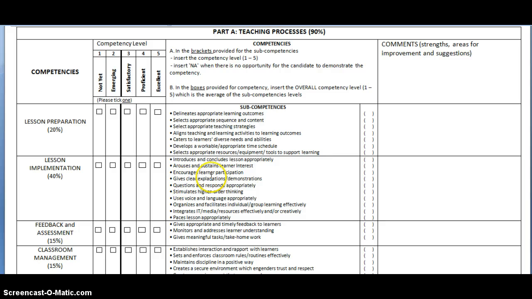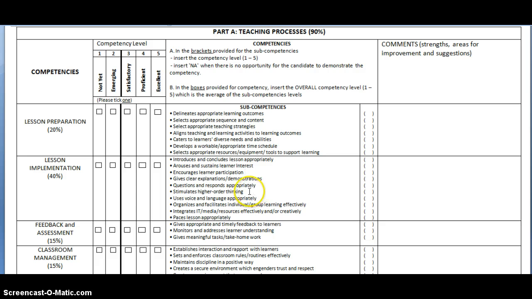Encourages learner participation, not just one way where you tell them what they need to learn. So there must be interaction between you and students, and interaction between students and students. Gives clear explanation or demonstrations, questions and responds appropriately, stimulates higher order thinking.